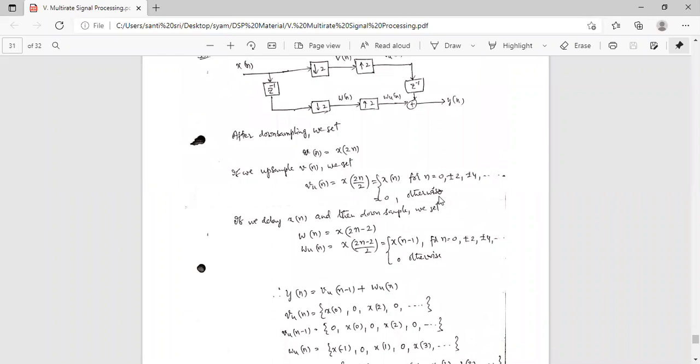It is 0 otherwise: if n is 1, it is 0; if n is 2, it is x of 2; if n is 3, it is 0.